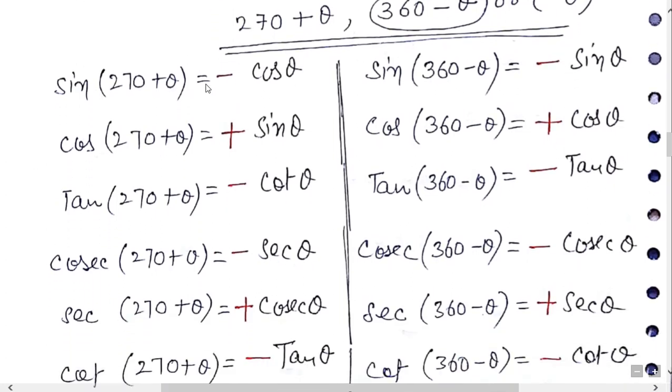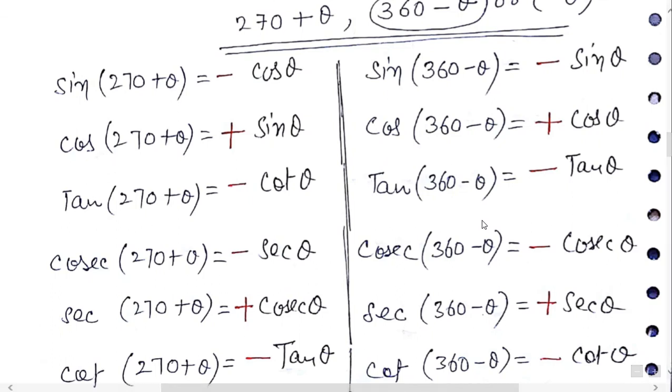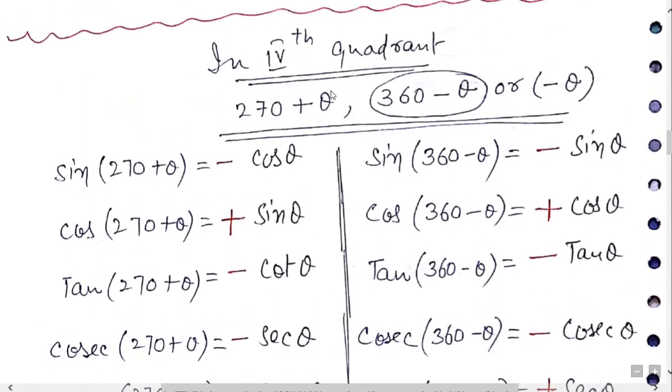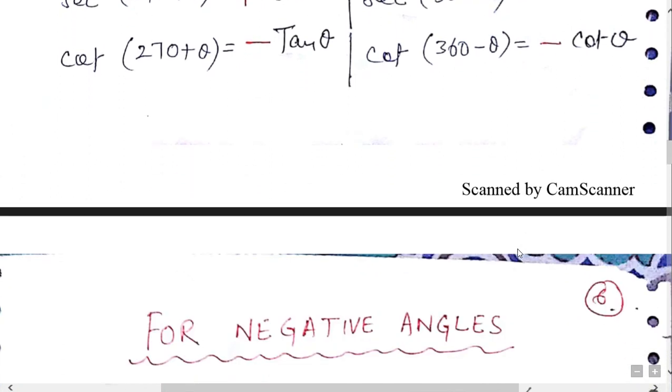At 270 T ratio changes, at 360 T ratio doesn't change, and second point is in fourth quadrant cos and secant are positive. Look at the answer, cos is positive and secant is positive. Hope you understand the content, how to write the angles.